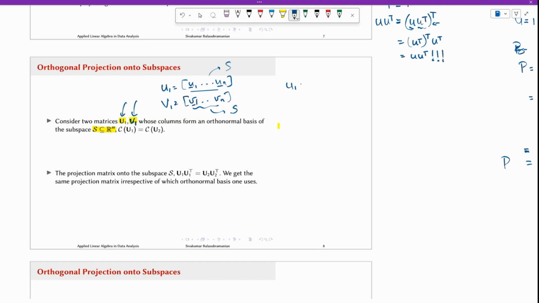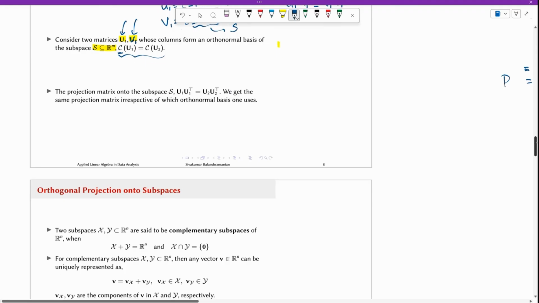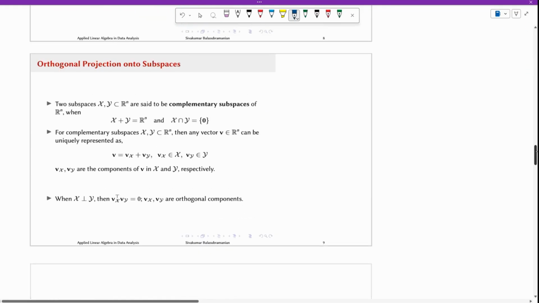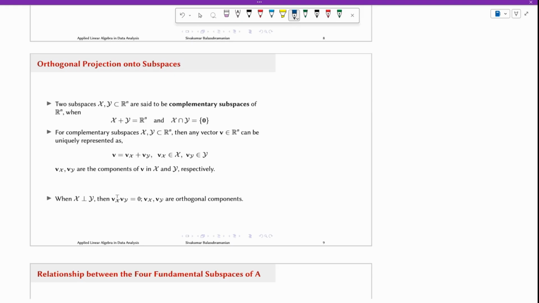Now, the projection matrix from U1 will always be equal to the one from V1. It doesn't matter what orthonormal basis you choose for your subspace. As long as you're talking about the same subspace, the projection matrix will come out to be the same. That's what I've written here. Don't worry about the C. The orthogonal projection matrices will be the same.